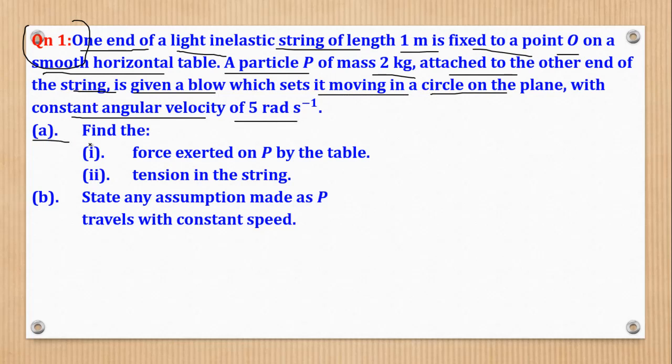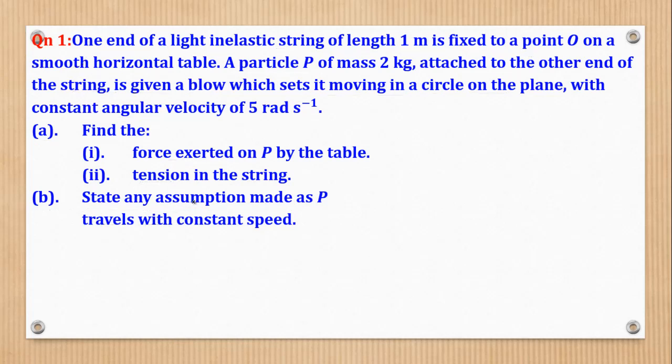Part A, find Roman 1, the force exerted on P by the table, and Roman 2, the tension in the string. And part B, state any assumption made as P travels with constant speed.